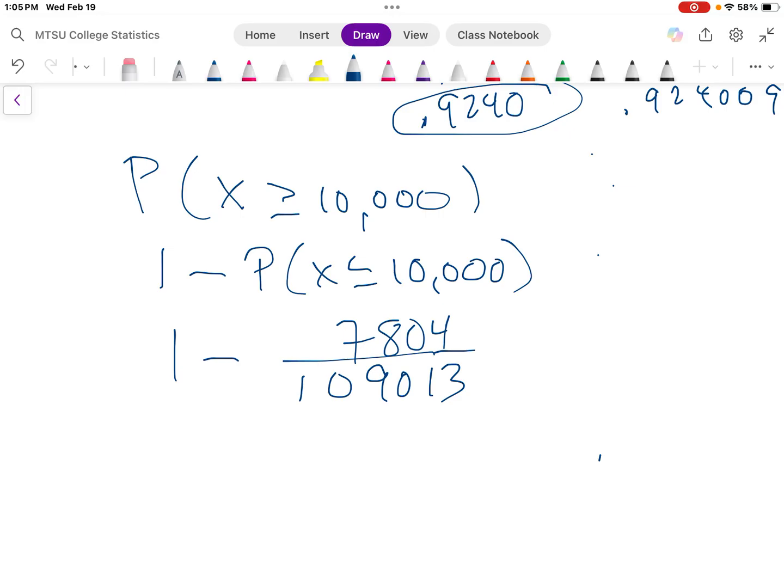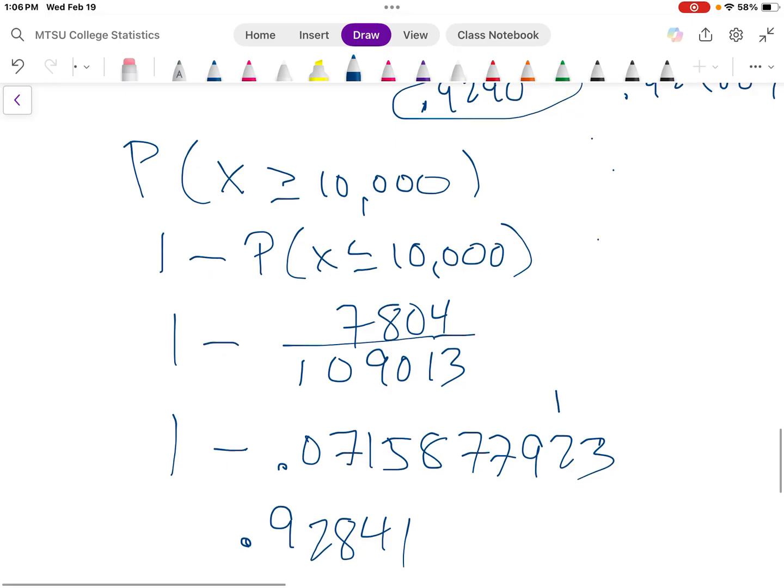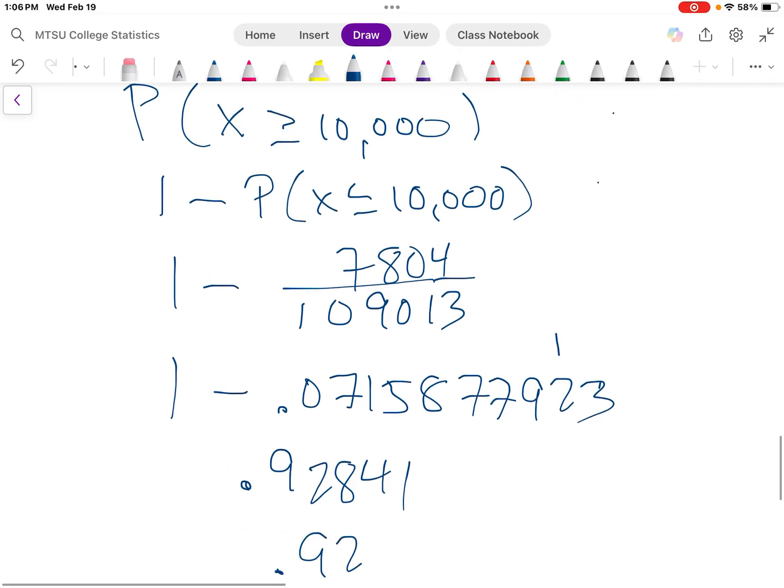So 7804 divided by 109,013. So this is 1 minus 0.0715877923. And I'm going to do 1 minus that answer on the calculator. And that gives me 0.92841. So 0.9284. Very similar to the last answer we got on the previous one.